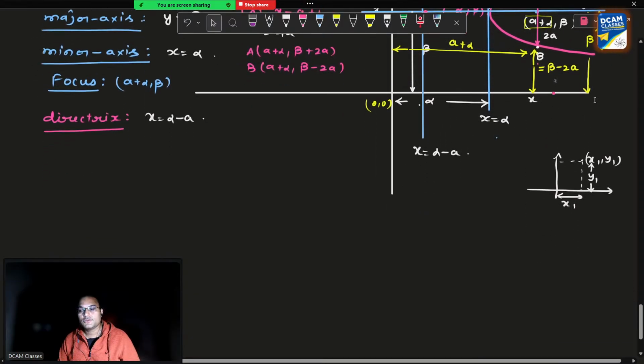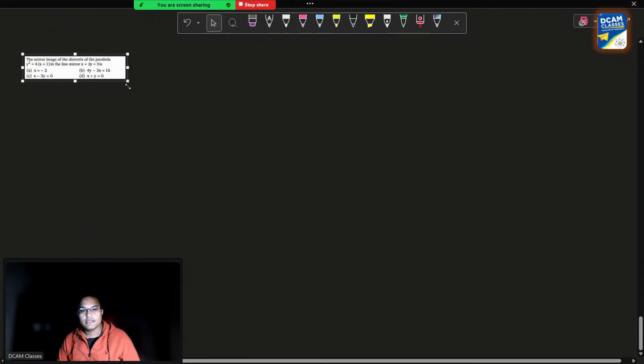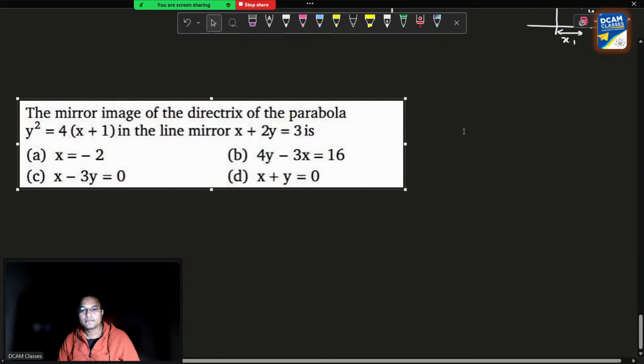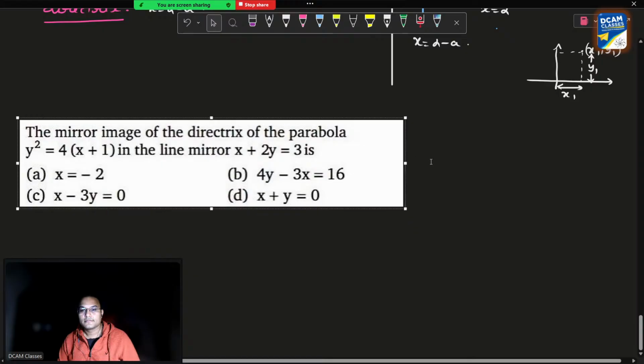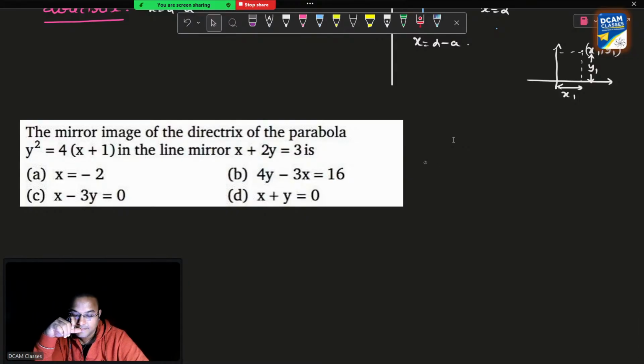Okay, should I give you a good one? A good question, see, I selected. See whether you can do it or not. See, this is not easy, but try to do it if you can generate the concept. Find the mirror image of the directrix of the parabola in the line.